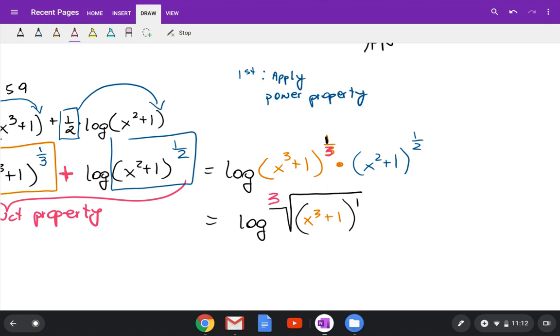So we have the cube root of x to the third power plus 1, times, and I'm going to do the same thing. This expression, which has been raised to a fractional power, I'm going to convert to a root. So we put x squared plus 1 under the root.